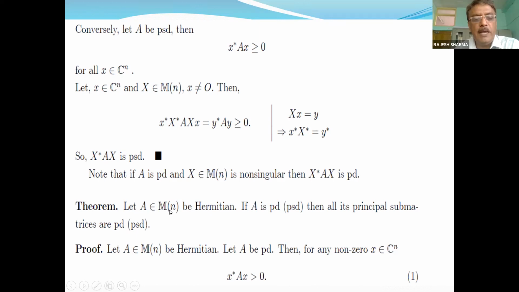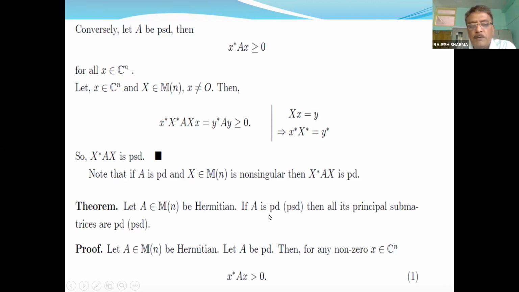Now next theorem: let A belonging to Mn be Hermitian. If A is positive definite, then all its principal submatrices are positive definite. And if A is positive semi-definite, then all principal submatrices are positive semi-definite. Here we can also use numerical range.